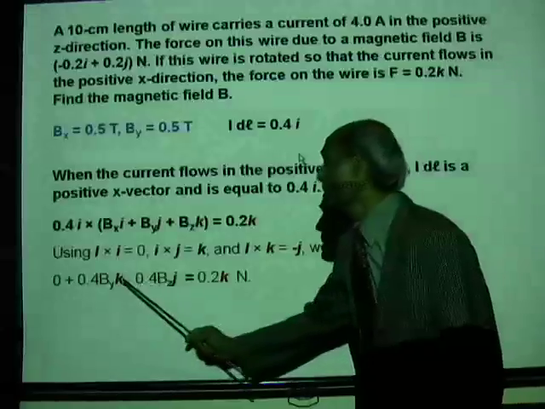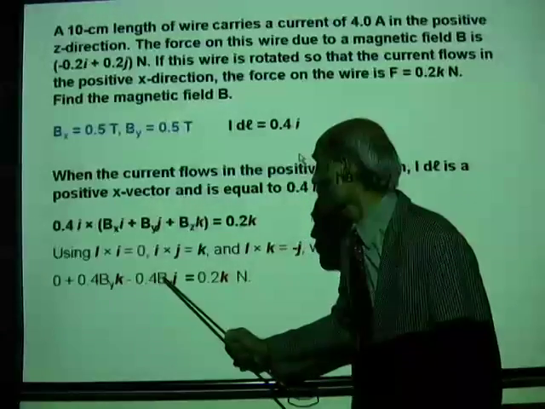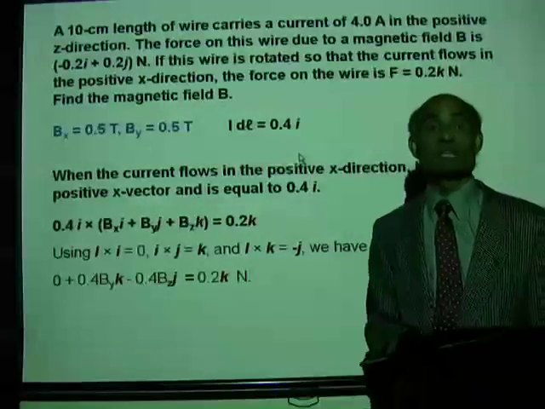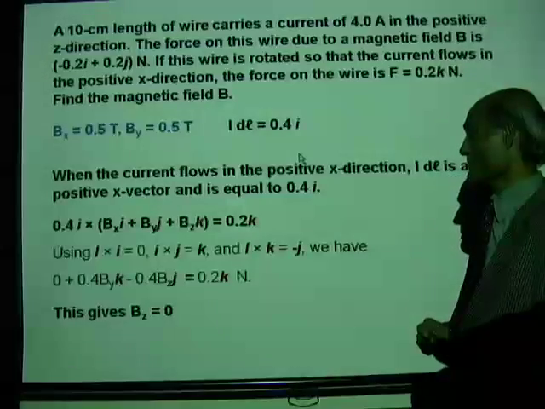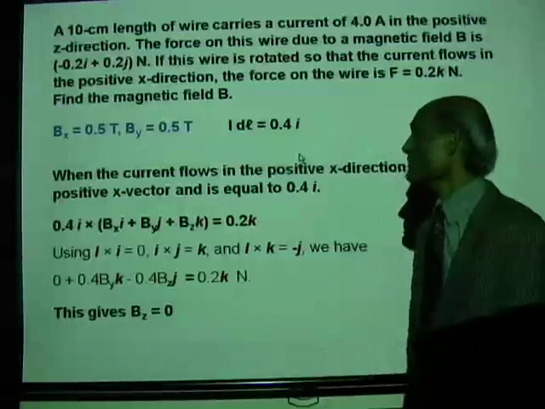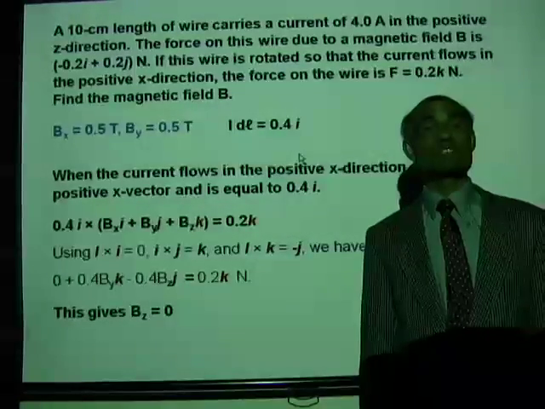Well, we know BY, therefore we can now find BZ, the z component. And that will give you BZ equal to 0.